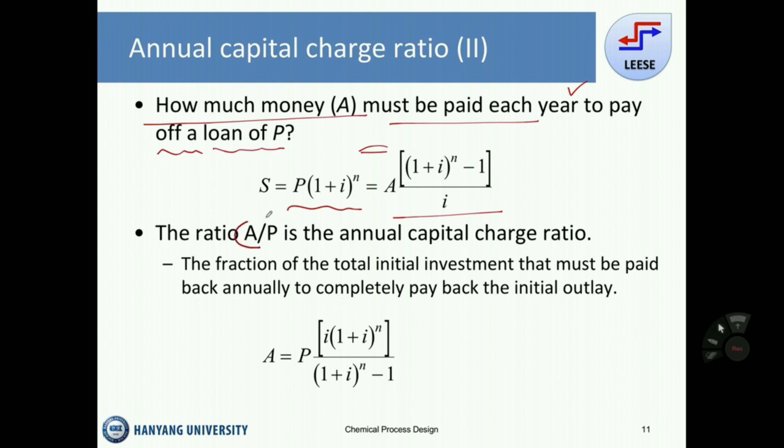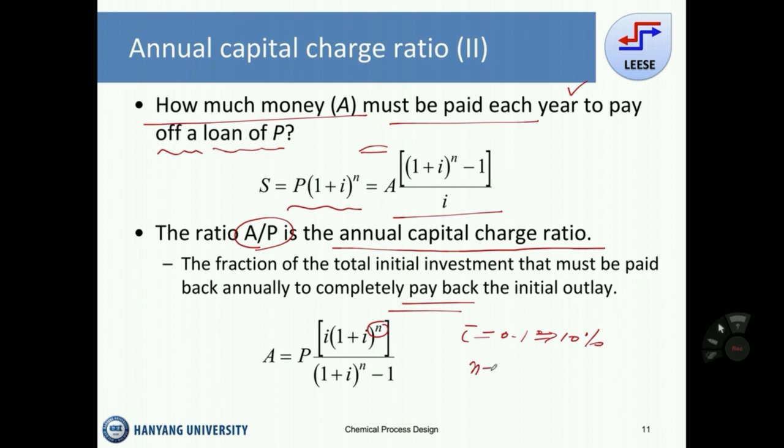Then the ratio A against P is called the annual capital charge ratio, okay? The fraction of the total initial investment that must be paid back annually to completely pay back the initial borrowing from the bank. So the interest rate, let's say 0.1. In other words, that is 10%.